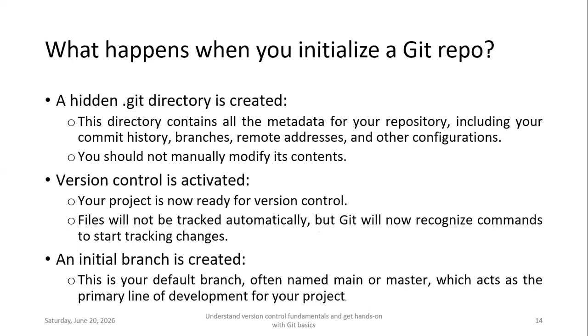If you see main, don't get confused. This is the main branch, and your project will always be tracked through your main branch. We'll learn about branches in later sessions, but for now you understand that.